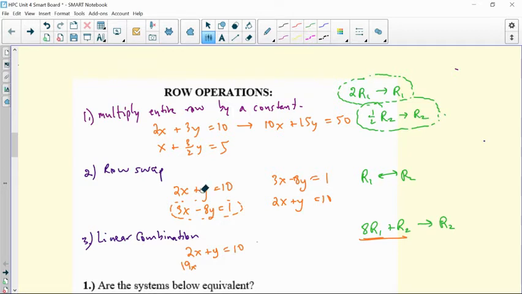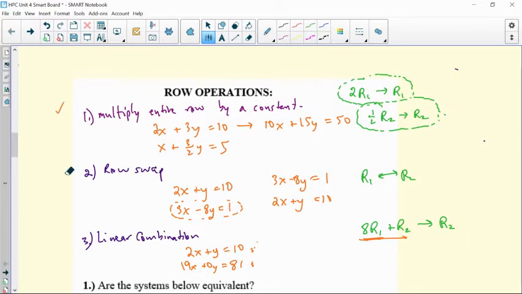Then 8 times y is 8y, plus a negative 8y is 0y. And 8 times 10 is 80, plus 1 is 81. So I still have 2 equations here. I've just transformed that last one by doing 8 times the first row, adding it to the second row, and putting it into row 2.